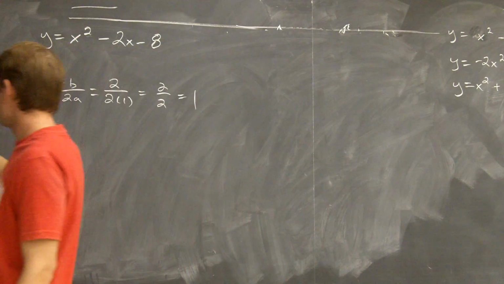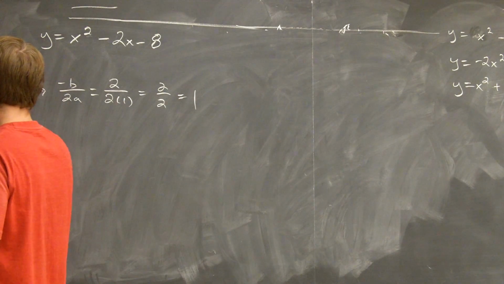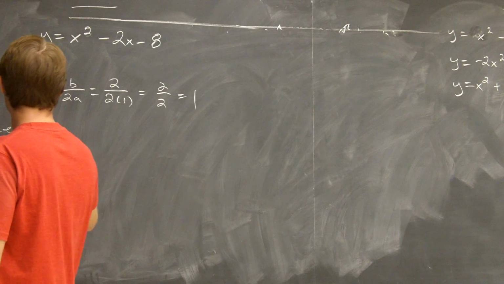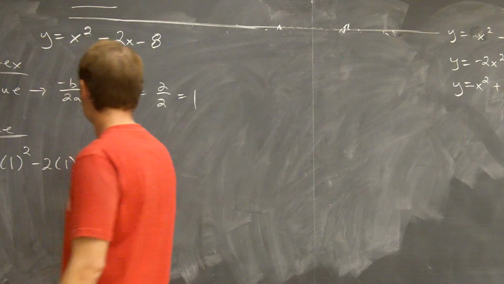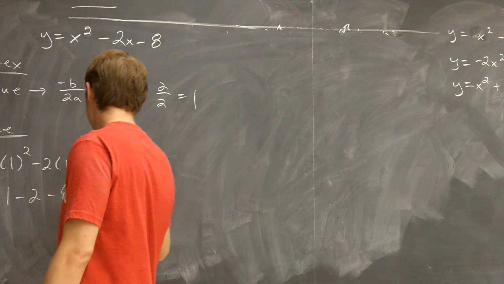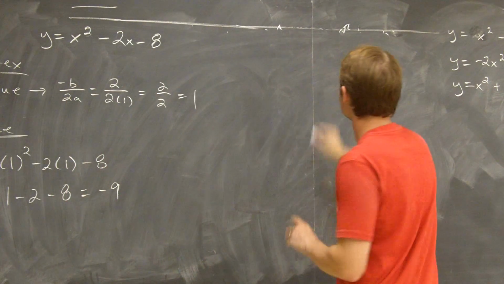And then I can find the y value by plugging this into the equation. y equals 1 squared minus 2 times 1 minus 8. So 1 minus 2 minus 8 is negative 9.